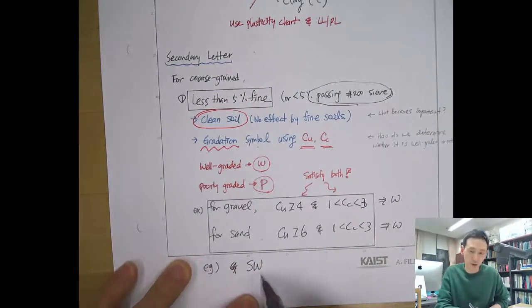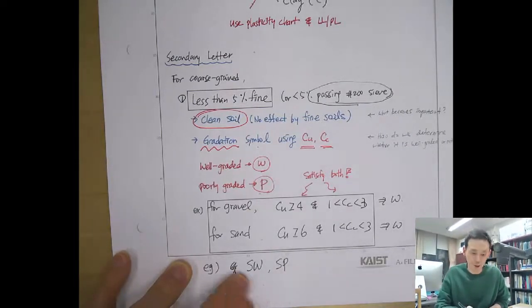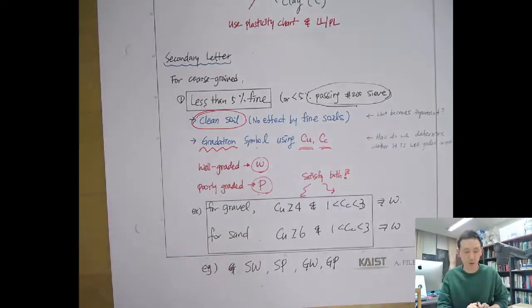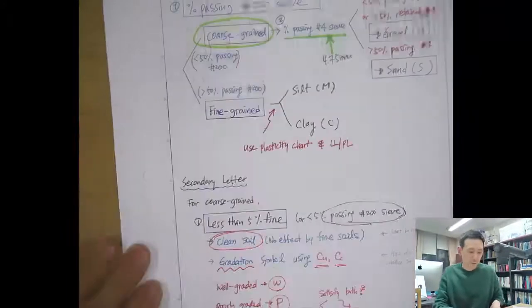So this is well graded sand, or SP, poorly graded sand, or GW, or GP, poorly graded gravel or well graded gravel.